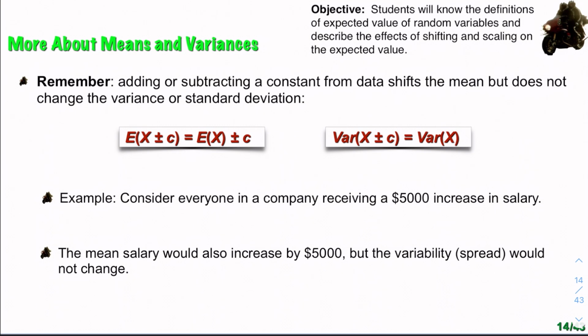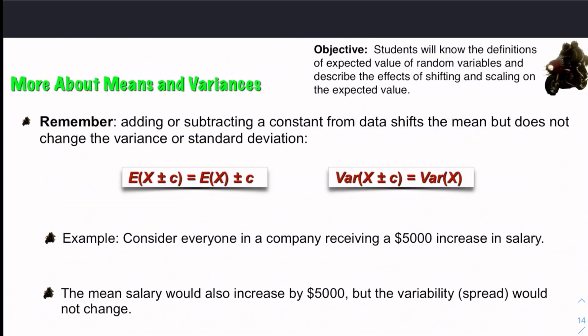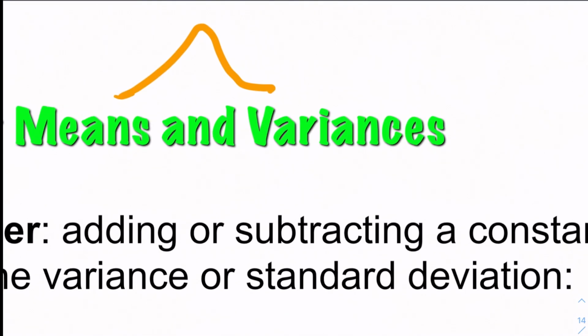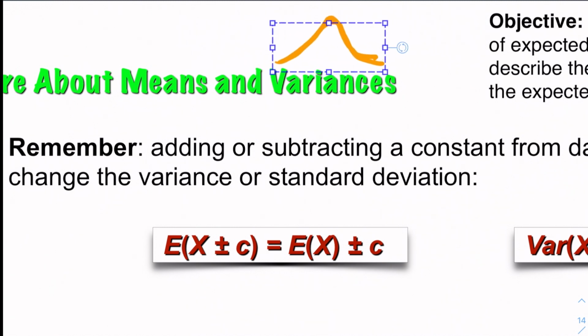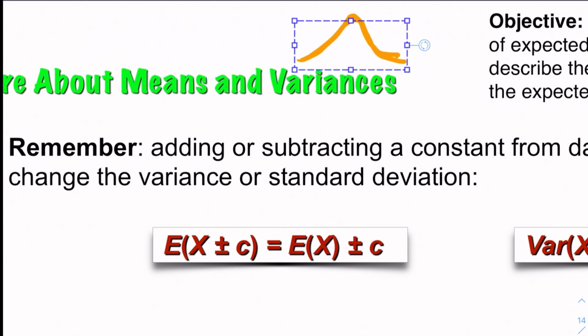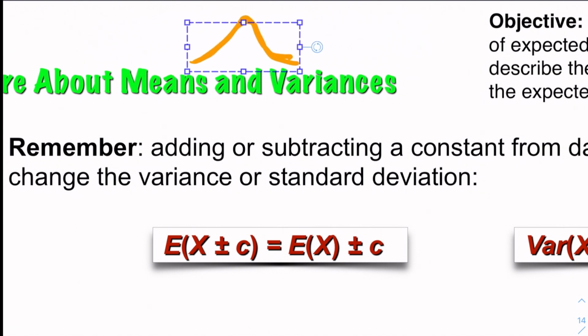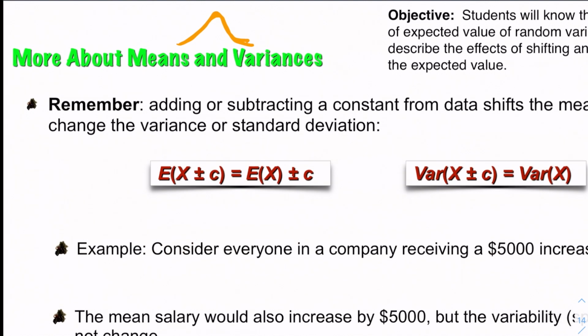So remember with means, we're talking about the distribution generally of a normal model. So if I draw, or poorly draw, a normal model, and if I add or subtract some sort of number to my distribution, all I'm doing is shifting that bell curve left or right.